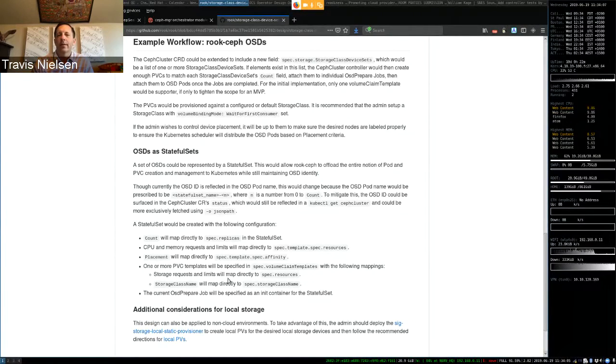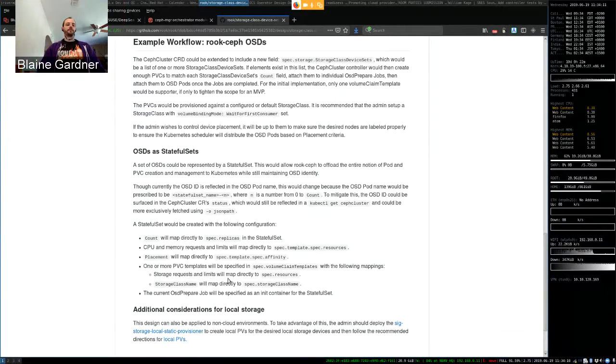Right. Potentially there could be some research that goes into that. I know Ceph volume, when you do an inventory, will report whether devices are locked.